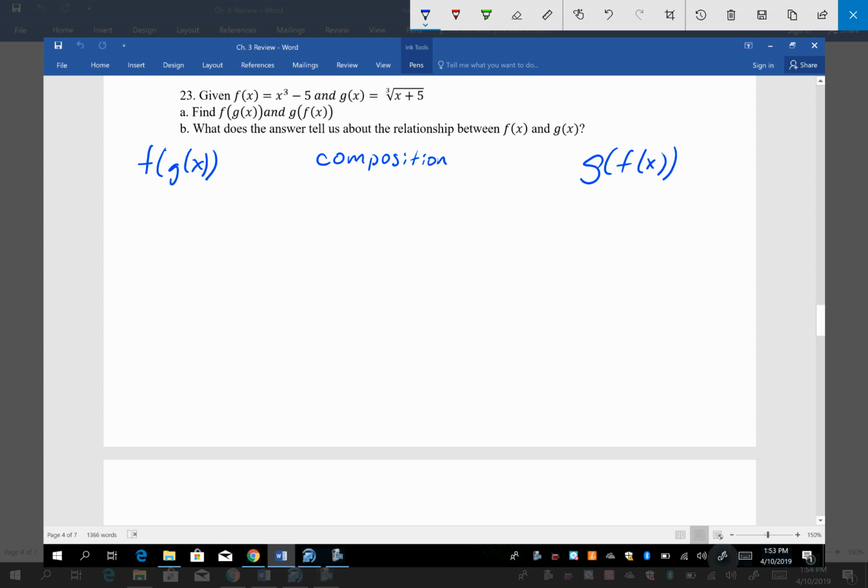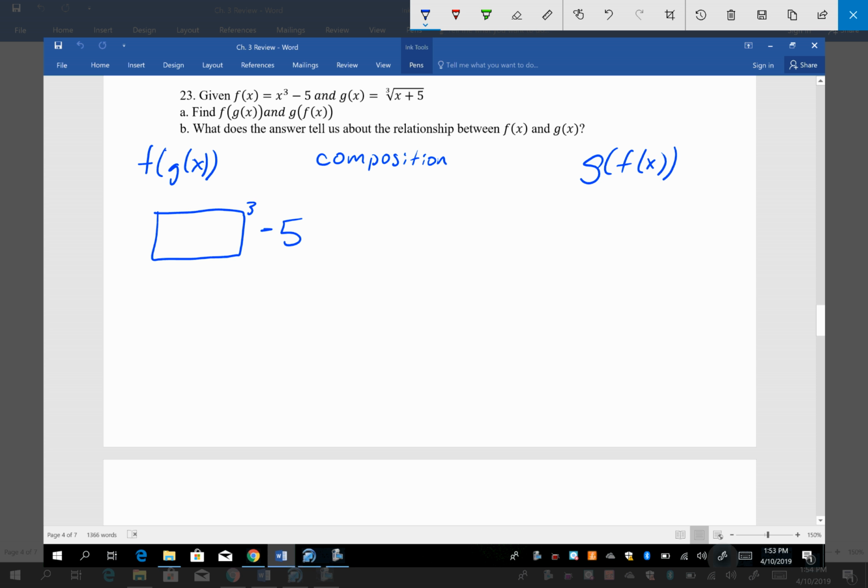All right. So you're going to write f of x first, which is x cubed minus 5. I wrote the first letter first, f of x. So you should see x cubed minus 5, but where it says x, I replace with a box. Because I'm going to put what function in there?